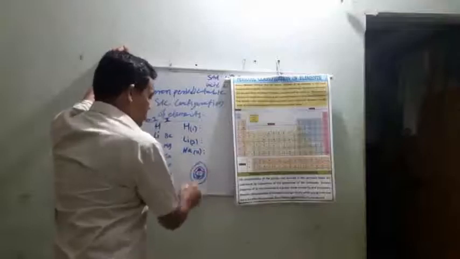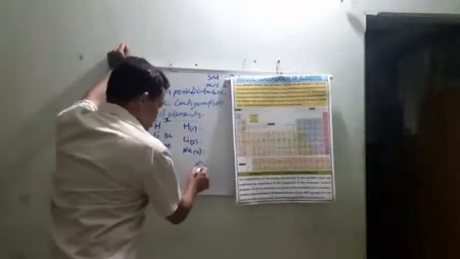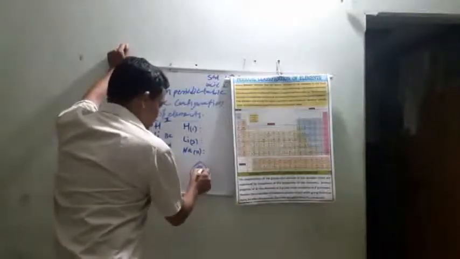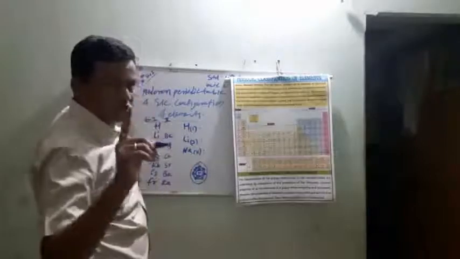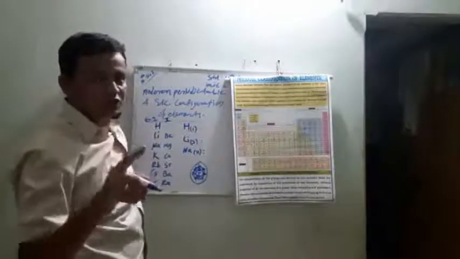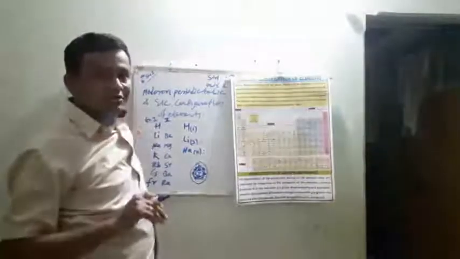Now in the first orbit you know that there are 2 electrons. Then the next orbit contains 8 electrons. So the capacity of the first shell is 2 electrons. The name of that shell is K.